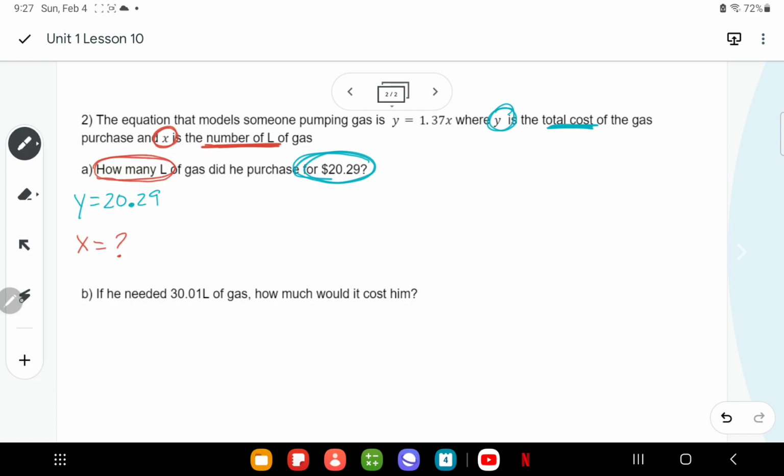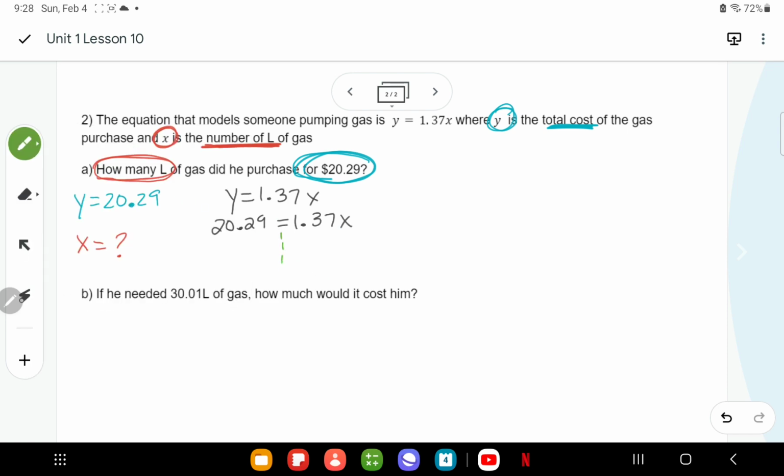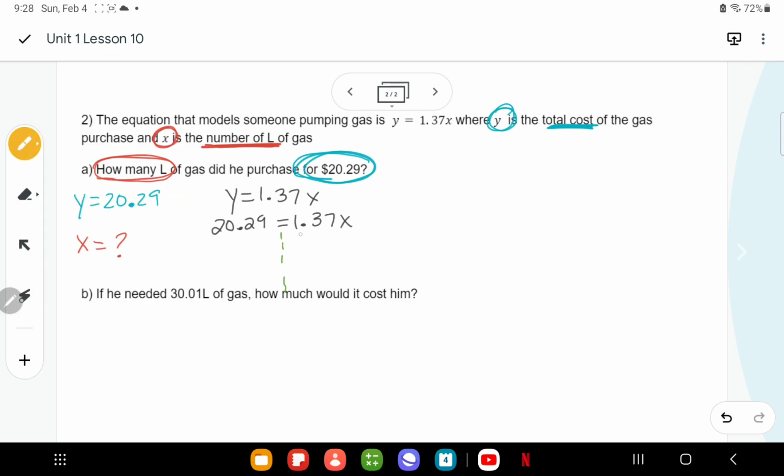So again, we always go back to the equation we're given in the question. So it says y equals 1.37x, and I know my y is the cost, so that's what's going to go in this equation where the y is. So 20.29 equals 1.37x. Doing our dotted line down the middle from the equal sign, and then we'll go through our steps.